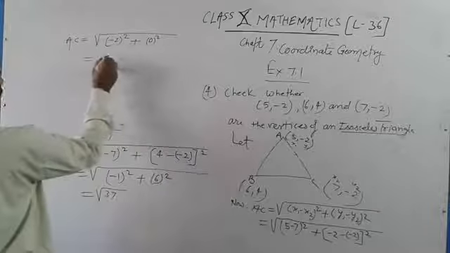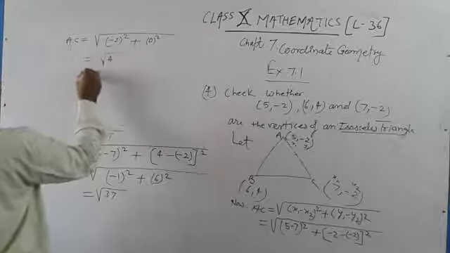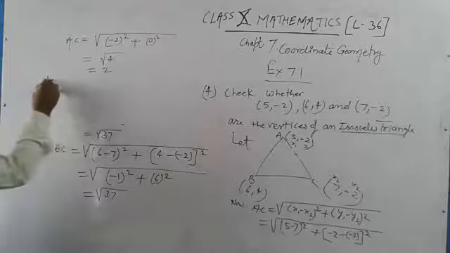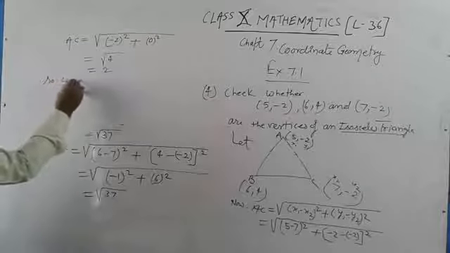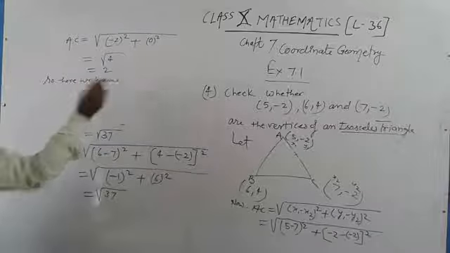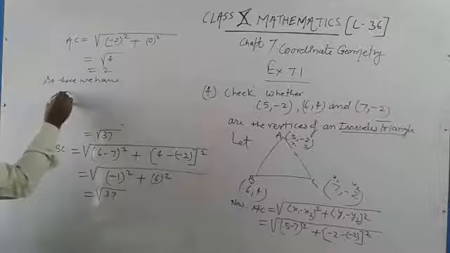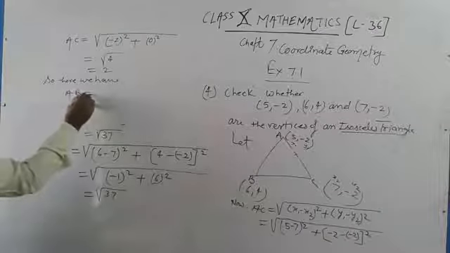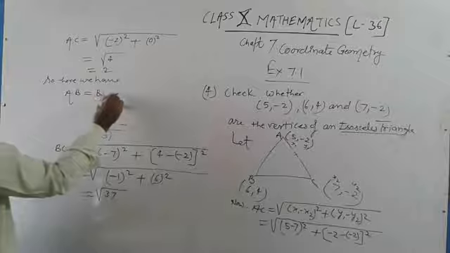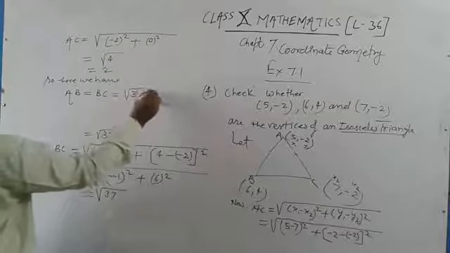So it becomes 4, that is 2. So here we have AB is equal to BC is equal to root 37 units.